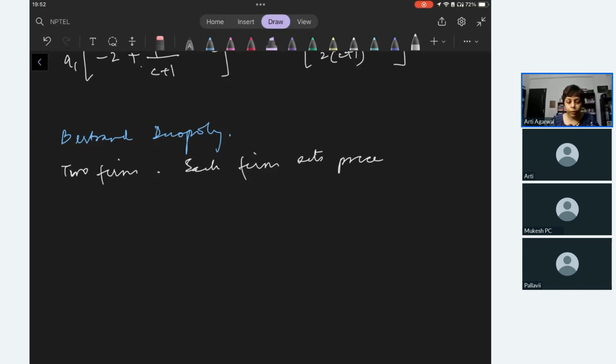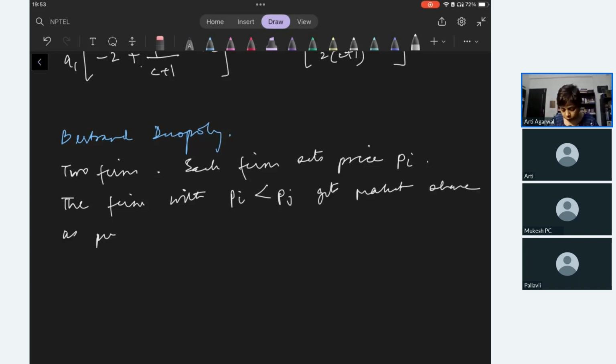And the firm with price pi less than pj gets the whole market share as per the demand function, right? The other firm cannot sell. This is the unique part in Bertrand.